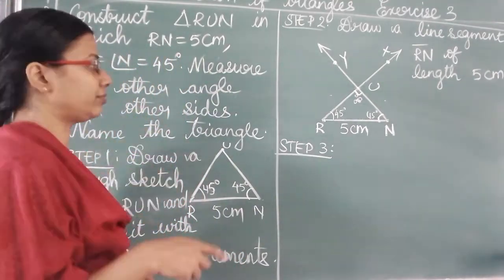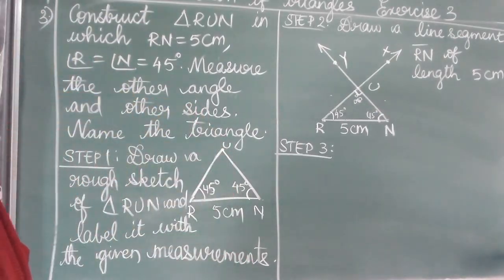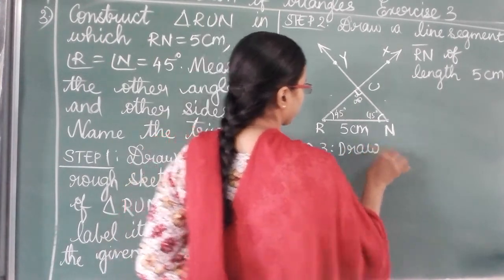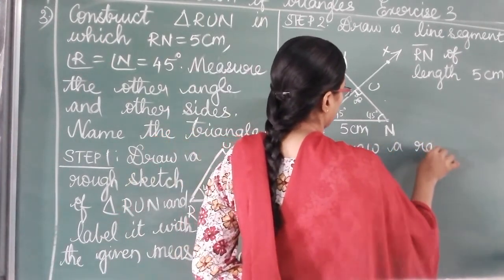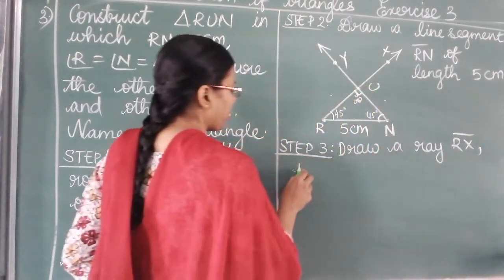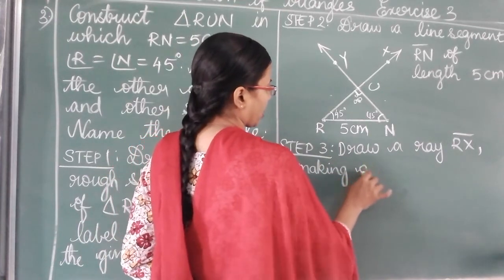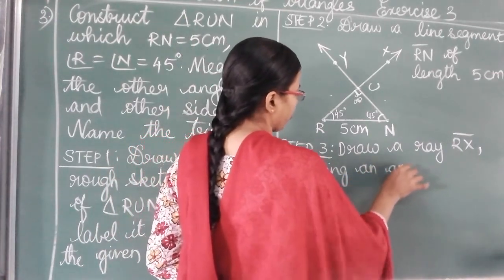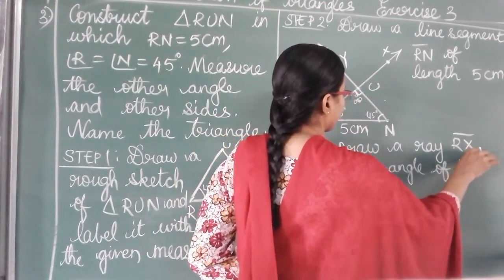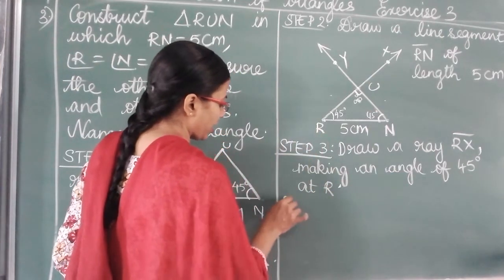What did we do? Draw a ray Rx making an angle of 45 degrees at R.